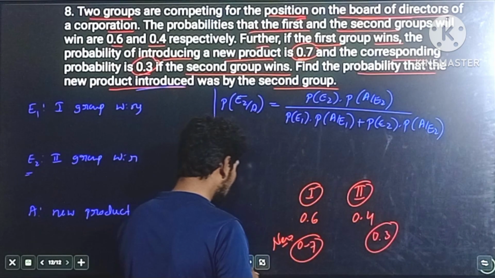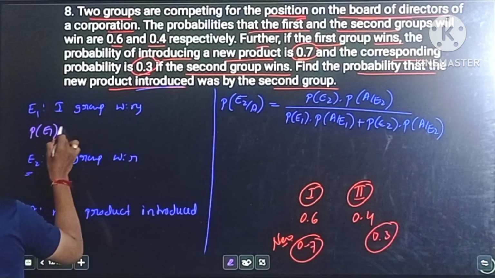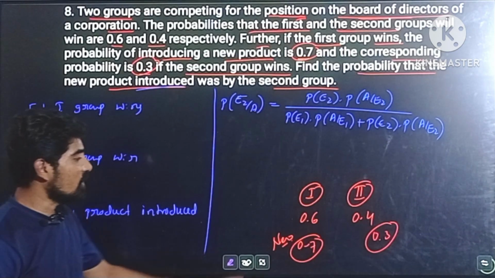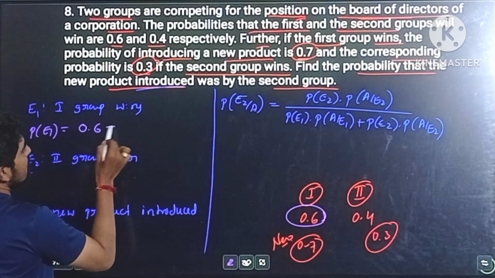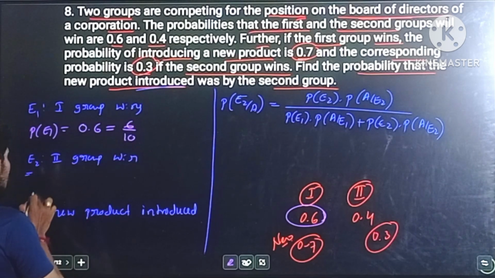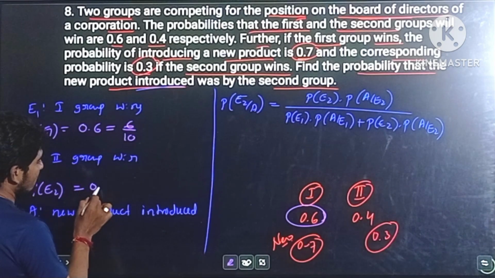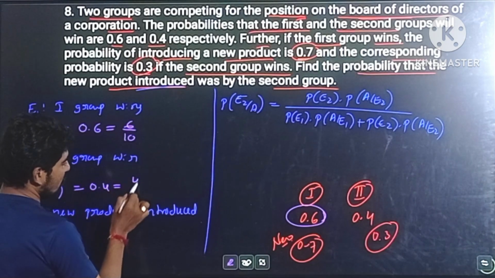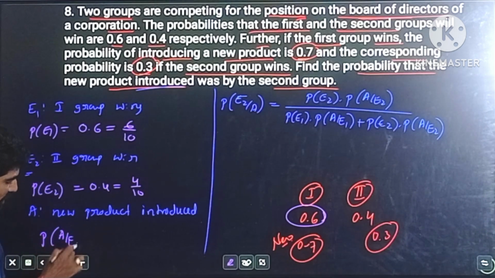Now we need these probabilities. First, the probability of the event E1, the first group wins, is 0.6, which is nothing but 6 by 10. The probability of the second group winning is 0.4, which is nothing but 4 by 10. And we need probability of A by E1.